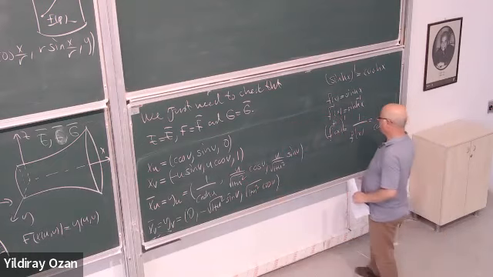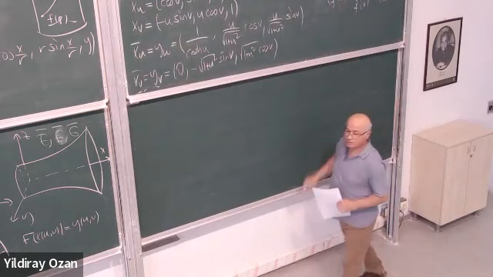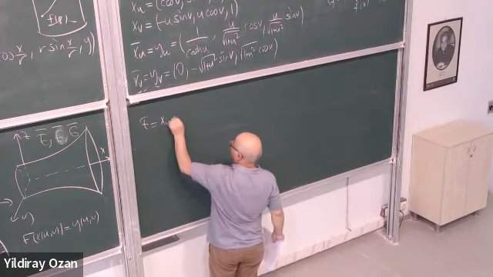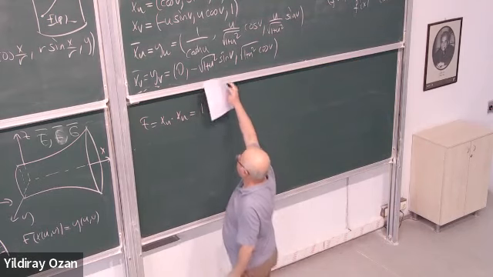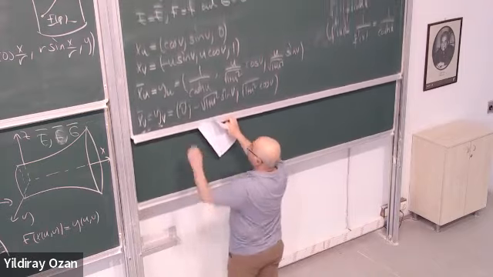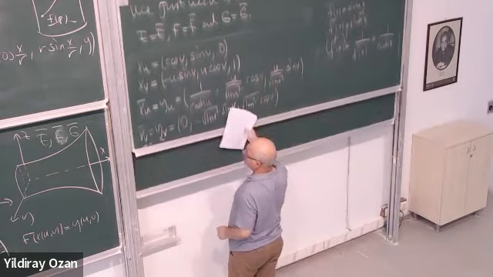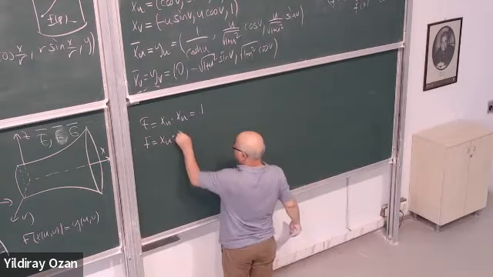Okay, so let's compute now. X sub u times X sub u, so it's just 1, right? We take the product of this with itself, which is 1. F is just X sub u dot X sub v.